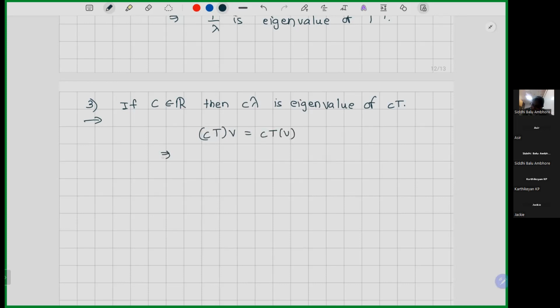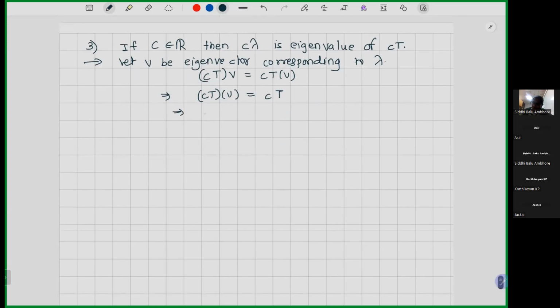Let v be an eigenvector corresponding to lambda.